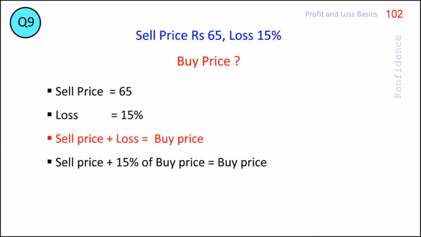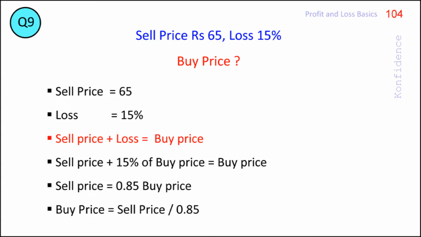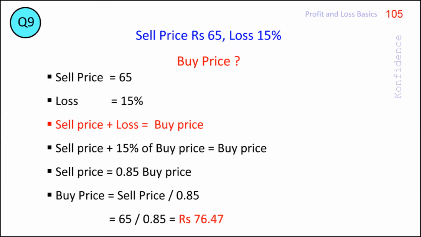And 15% of what? 15% of buy price. Calculations will tell us that sell price is equal to 0.85 into buy price. Therefore, buy price is equal to sell price divided by 0.85. And therefore, buy price will be rupees 76.47.